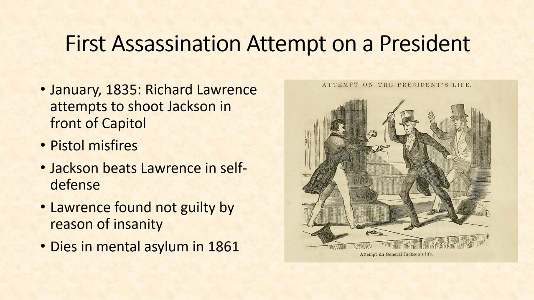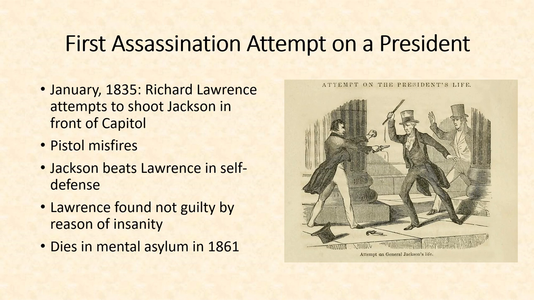As Jackson left the Capitol to exit, Lawrence steps out from behind a pillar with a pair of pistols, and the pistols misfire. They are leveled at Jackson's chest. By all rights, he should be dead. He's a famous duelist. He already has a bullet in his chest to begin with.